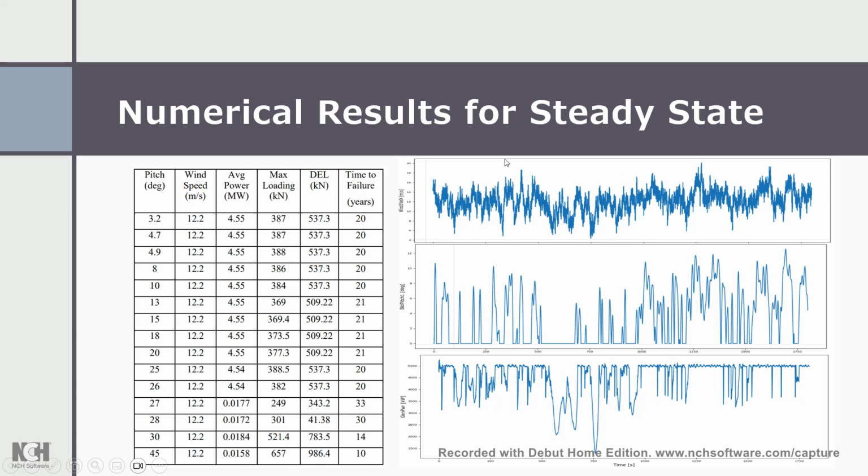So graphs on the side, you can see wind compared to blade pitch angle compared to power generation. So at 750 seconds, when that wind dips way down, we get very little power generation, about 1.5 megawatts.